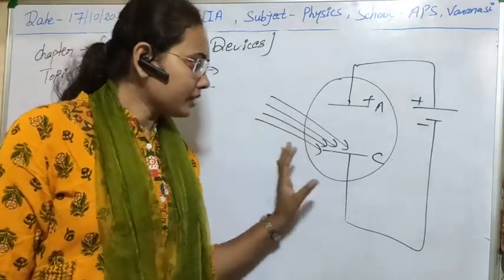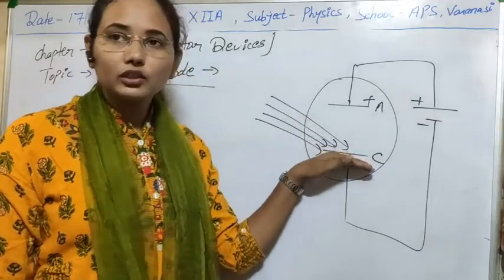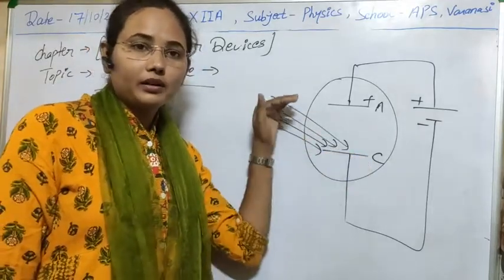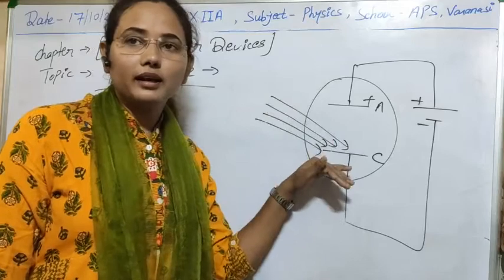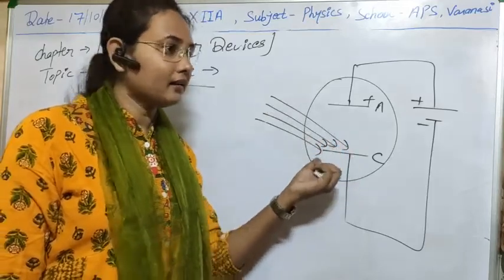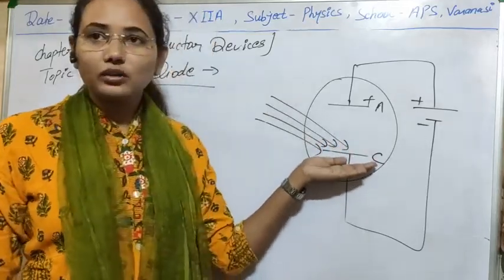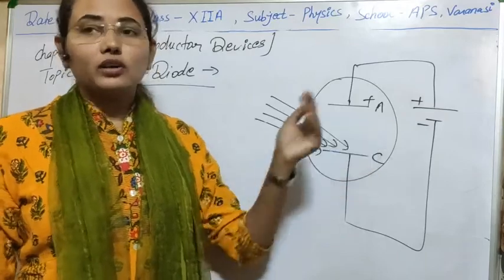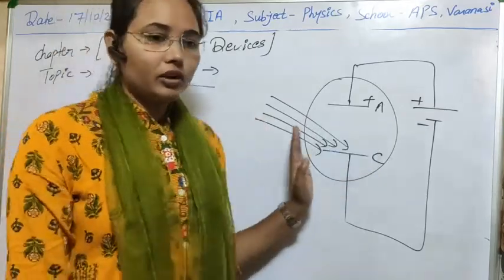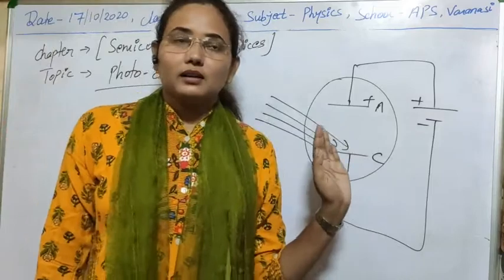In this case we are using a metal or cathode plate for the incidence of light, and we are using that light energy to heat this cathode so that electrons can be emitted. So what is the drawback in this process?